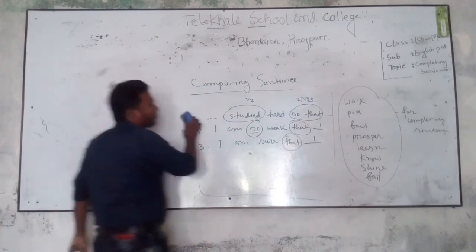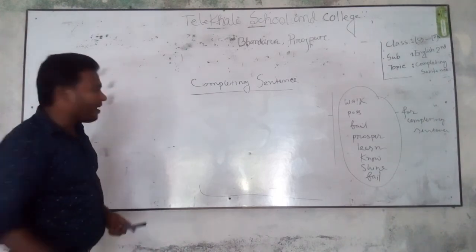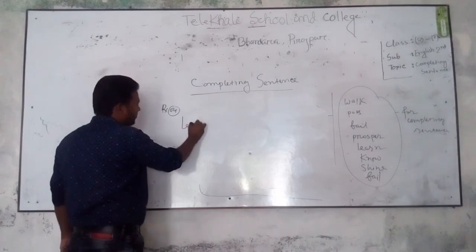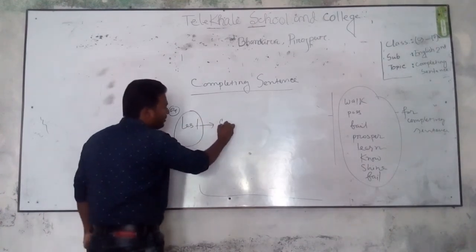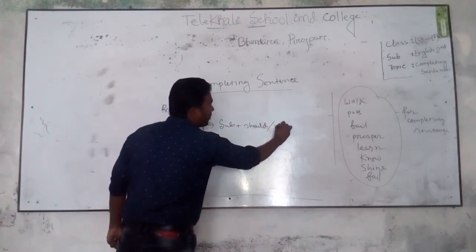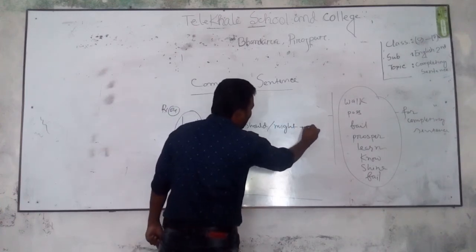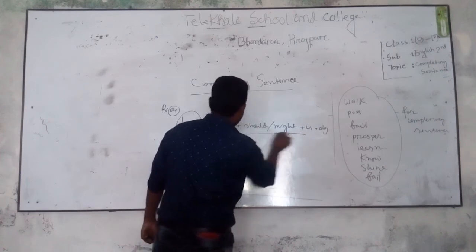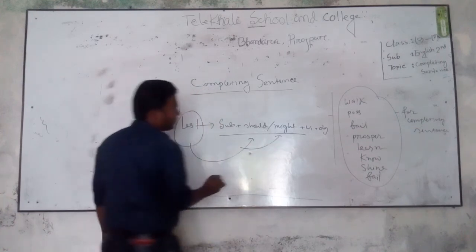And rule 4. Lest. If you see that the sentence has lest, then you can use subject, should, or might plus V1 plus object. This is the most important. Lest supports might or should.